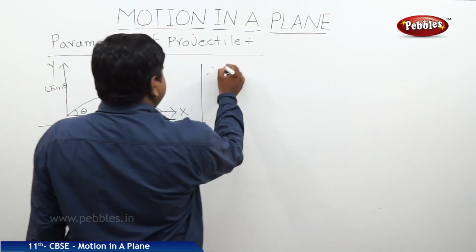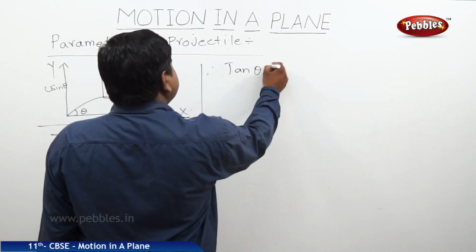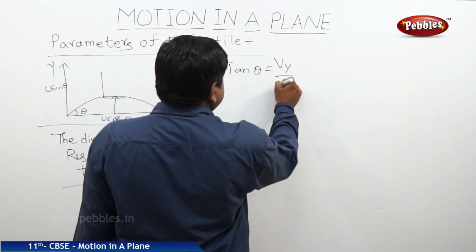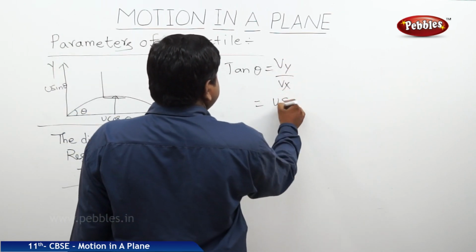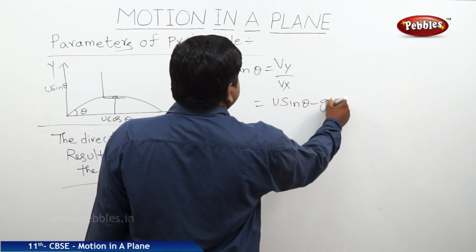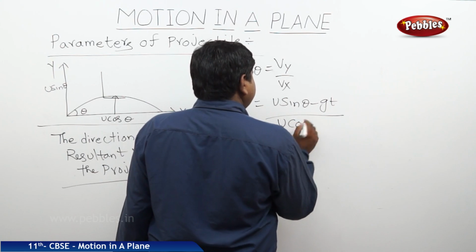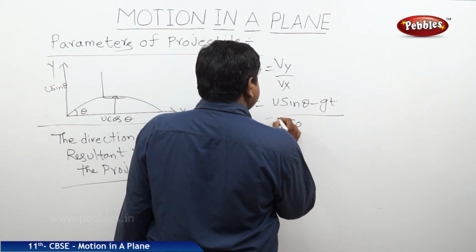So we know that tan theta is equal to Vy by Vx, where Vy is u sin theta minus gt and Vx is u cos theta.